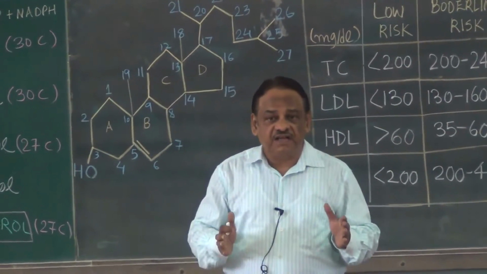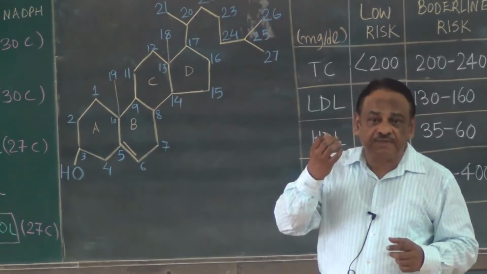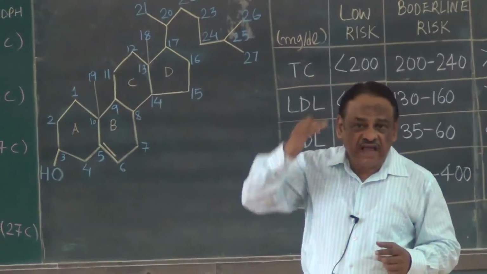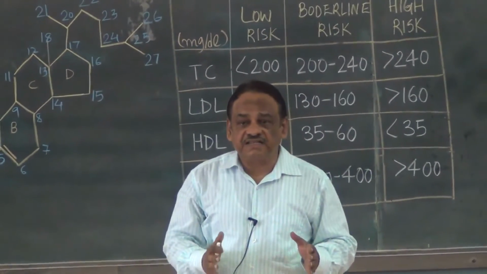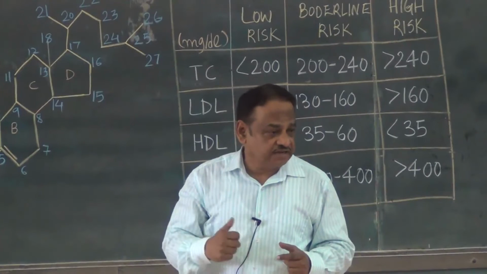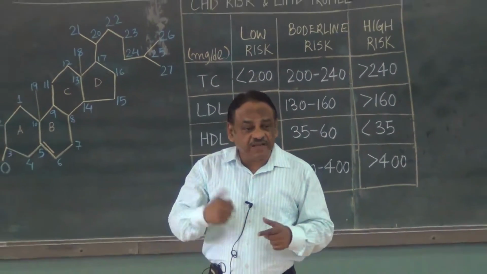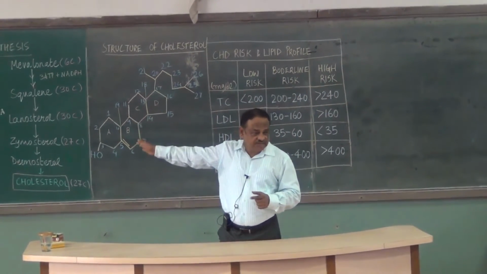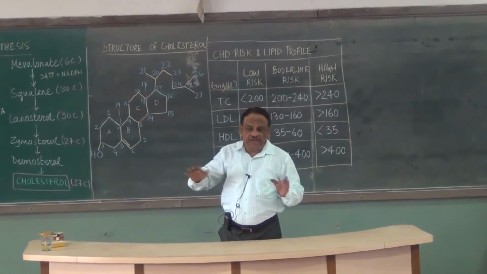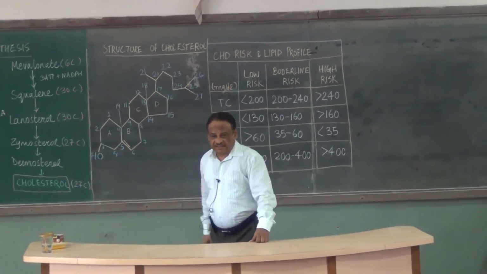If the cells contain less cholesterol, then the LDL receptors will be upregulated, and if the cells contain enough cholesterol, then the LDL receptors will be downregulated. So that is another way of controlling the uptake of cholesterol, whereas this is the actual synthesis. So there are many ways of regulating cholesterol uptake and synthesis.